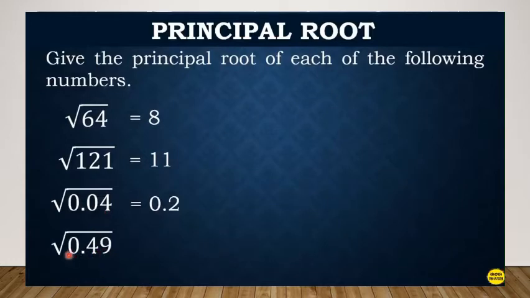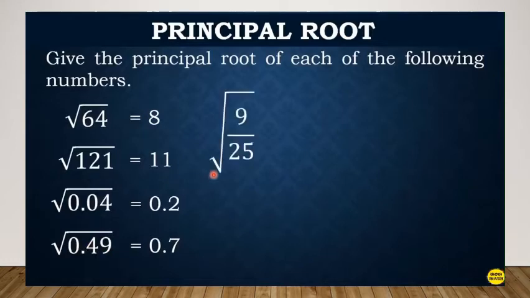Next. 0.49. So, what is the square root of 0.49? 49 is a perfect square. So, therefore, the square root of 0.49 is equal to 0.7 because 7 times 7, that is 49. And 0.7 times 0.7, that is 0.49. Okay. Now, what if you were given a fraction? Okay. So, kung titingnan nyo yung given, fraction siya, yes.